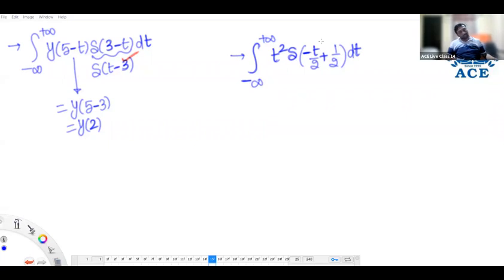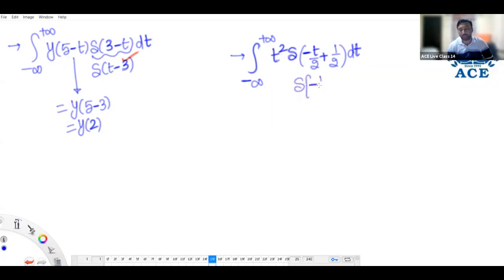It is not del of t, it is of the form del of alpha t. What is the result? Very good.